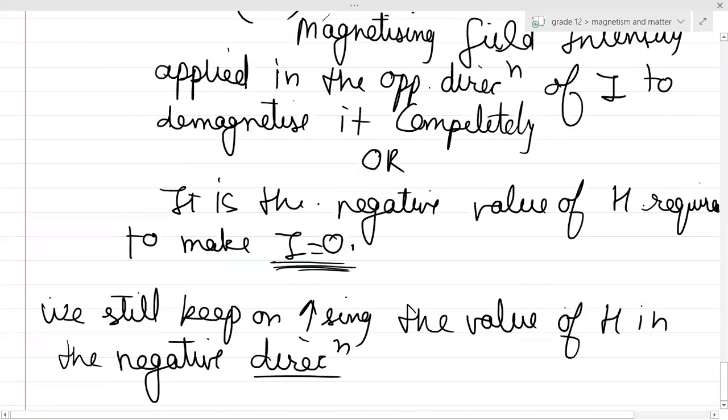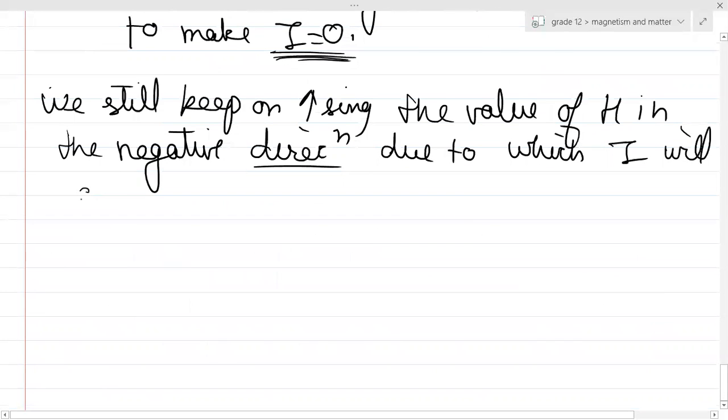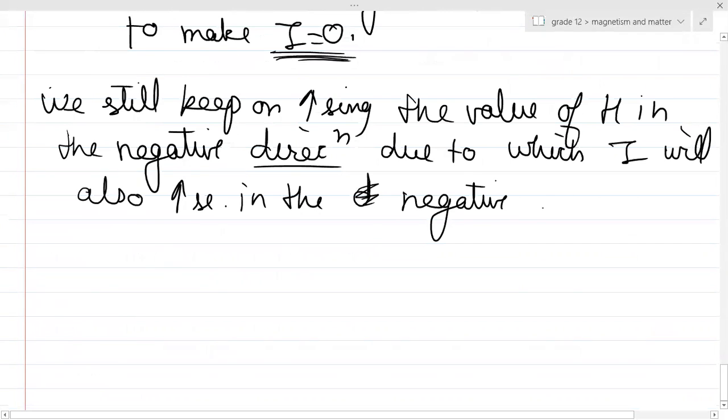So we still keep on increasing the value of H in the negative direction, due to which I will also increase in the negative direction. Basically, what is happening in this case?